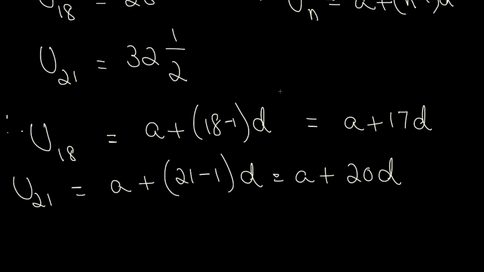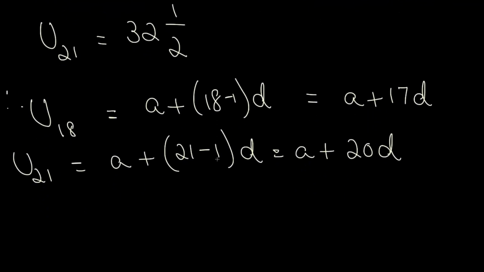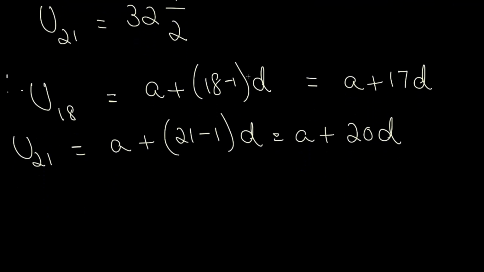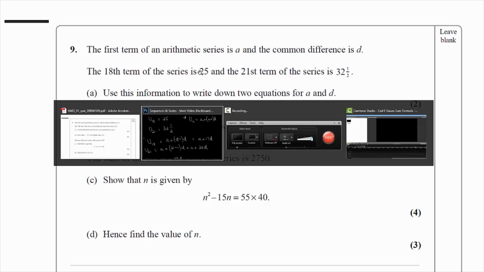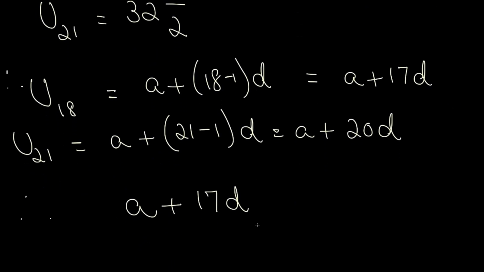Next, all you need to do is take that information and compile it into your answer. You already have the first equation's first part and the second equation's first part. Therefore, the 2 equations you need to write are A plus 17D, which is U18, which, as you know, is also 25 according to Mr. Examiner. Your first equation is equal to 25. That's your first equation.